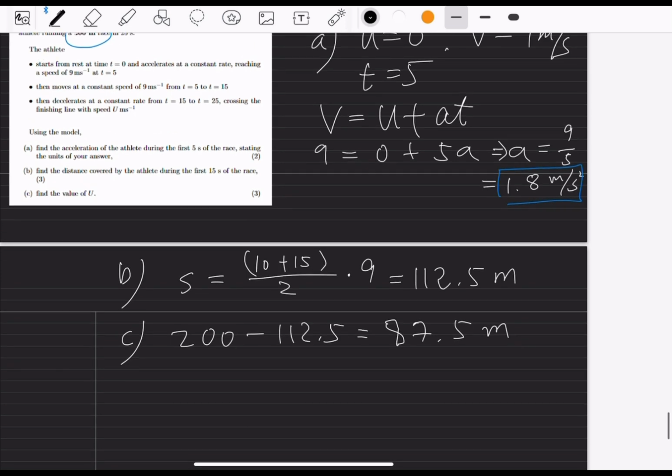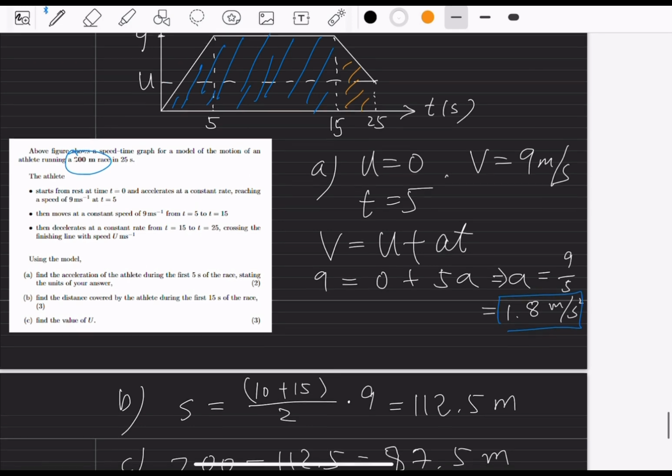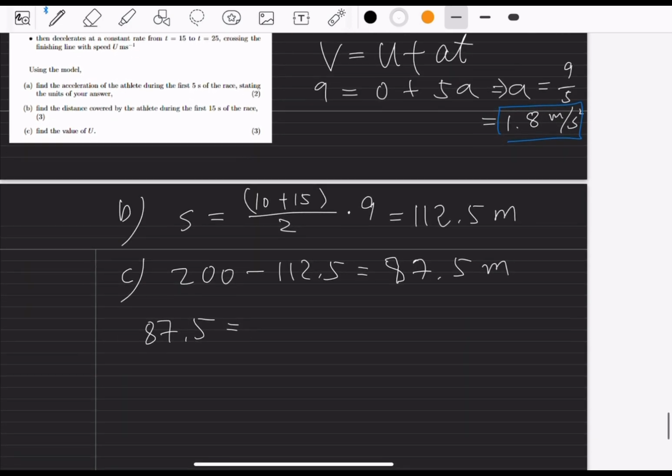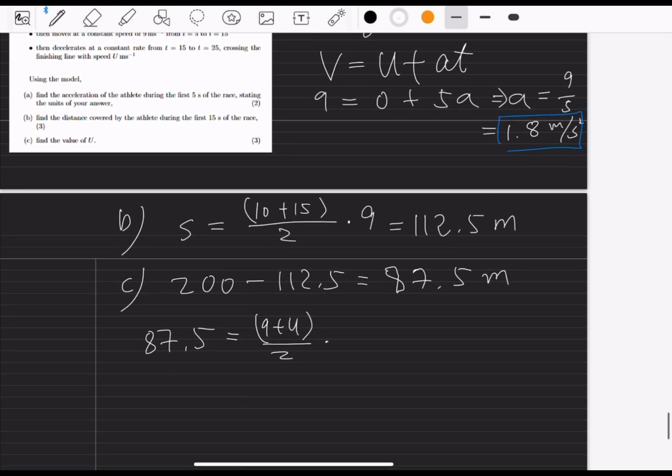We have the area of the trapezium, and we can use that information. On the right-hand side, we use the area of the trapezium, which is the sum of the two parallel sides, 9 plus u, over 2, times the height, which is 25 take away 15, 10 seconds. So that is 5 times 9 plus u equals 87.5.